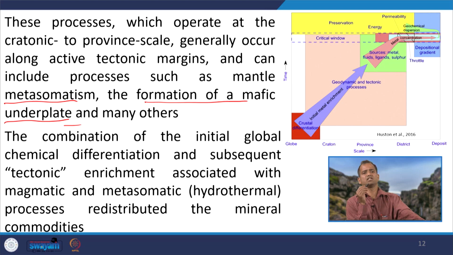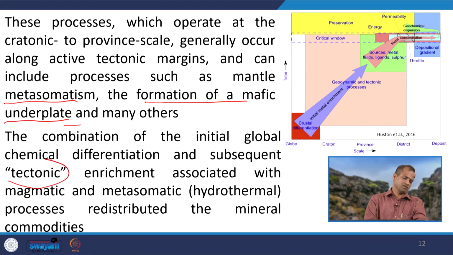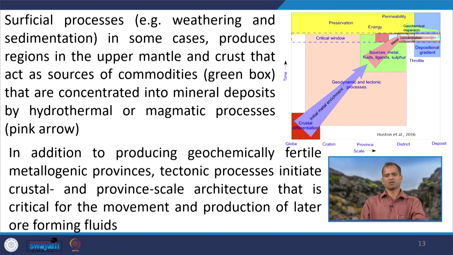The combination of the initial global chemical differentiation and subsequent tectonic enrichment that is associated with magmatism and metasomatism, that is hydrothermal processes, redistributed the mineral commodities, taking them from the deeper level to shallower level. And superficial processes like weathering that we have discussed, and sedimentation in some cases, produce regions of the upper mantle and crust that act as a source of the commodities and that are concentrated into mineral deposits by hydrothermal and magmatic processes.